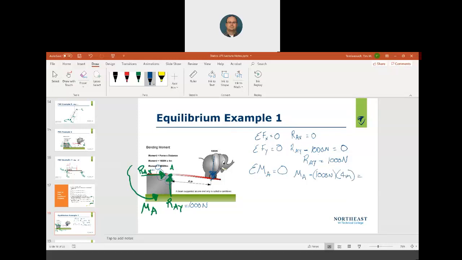Perpendicular distance has to equal 0. So now I know my moment equals 4,000 Newton meters. Okay, there's my 3 equations.